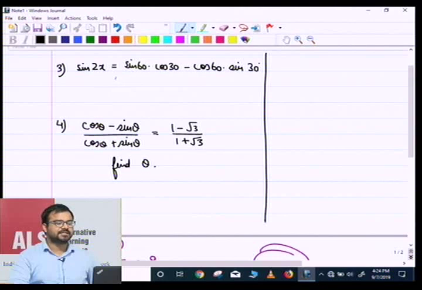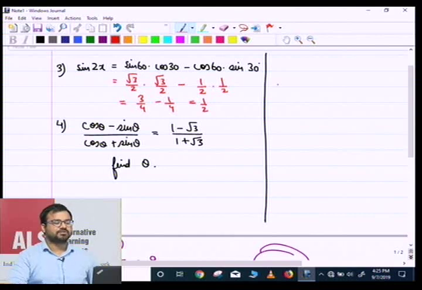Sine 60 is root 3 by 2, cos 30 is also root 3 by 2, cos 60 is 1 by 2, and this is 1 by 2. This will become 3 by 4 minus 1 by 4, and 3 by 4 minus 1 by 4 is 1 by 2. So finally we can say sine 2x is equal to 1 by 2, and 1 by 2 is nothing but sine of 30 degrees.